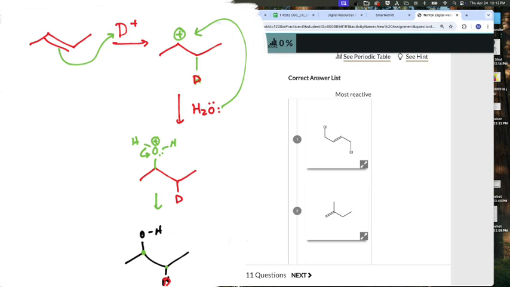Okay, so to answer your question, if we're going to try and rank these according to reactivity, we've got to go through and look at the overall system behind this and decide how it would evaluate. And if we're talking about the most reactive, we're going to talk about the speed of this reaction. Which of these steps do we think is the most critical to be concerned about? Yeah, that first step is going to be our most critical.